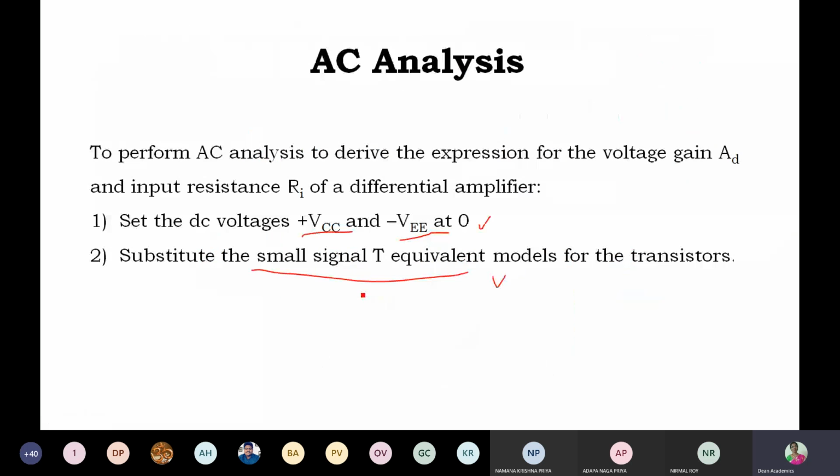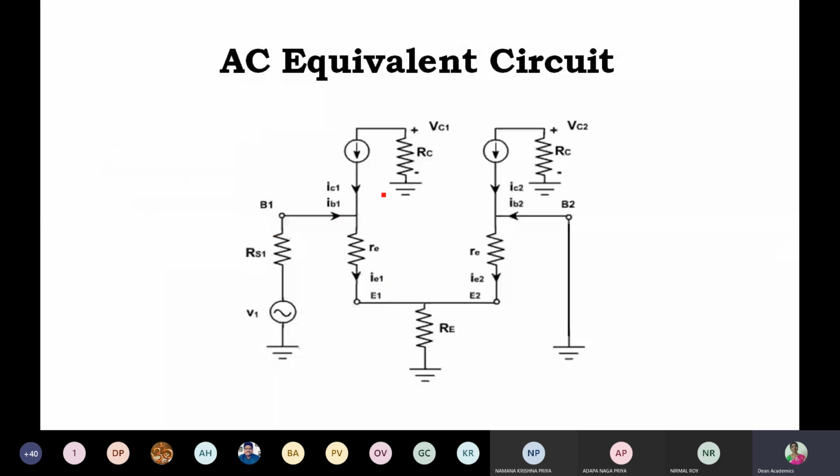By doing that, we can draw this equivalent circuit. We have replaced this transistor with its T equivalent circuit, including the current source, IC current, and all remaining things are the same. VCC is connected to ground, VE is connected to ground, and the second input is grounded already. The first input is as it is.